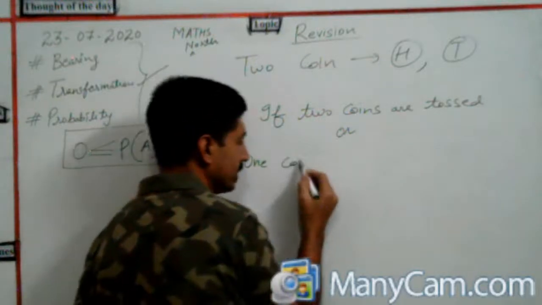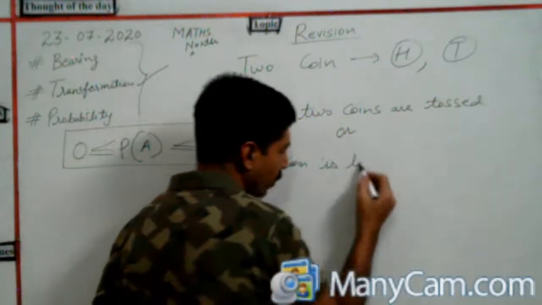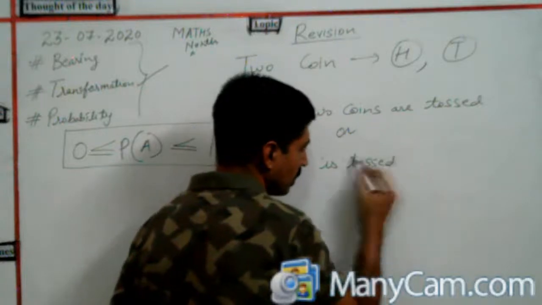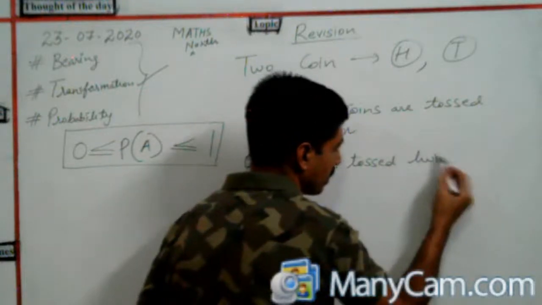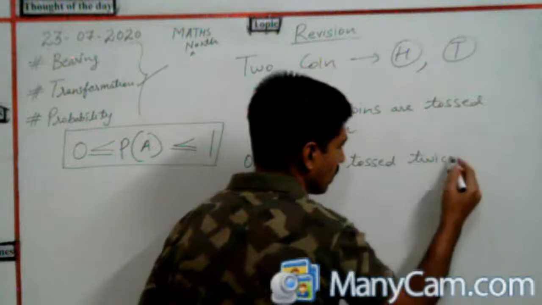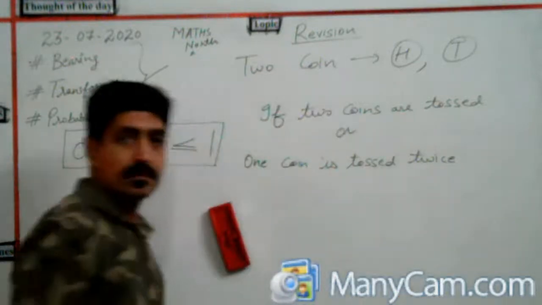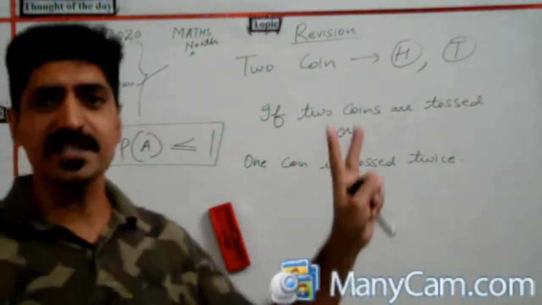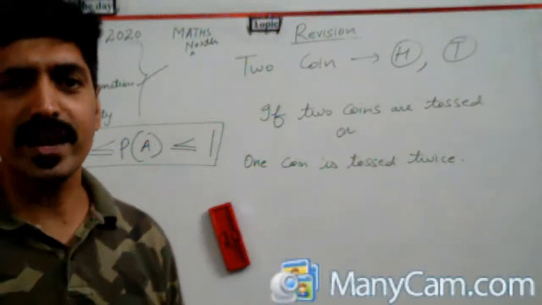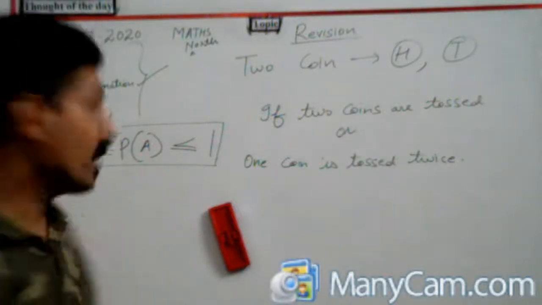In both cases, the statement is the same. We have 4 as the sample space.